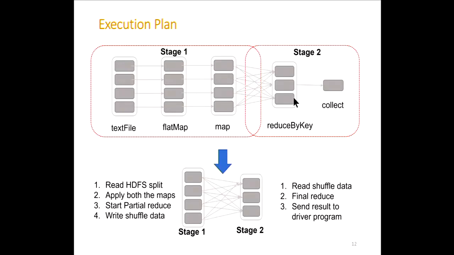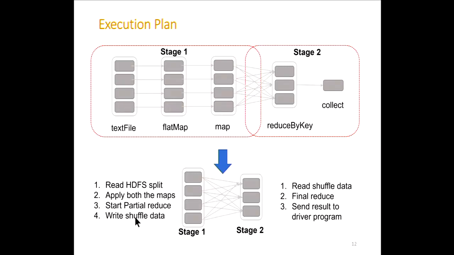Hence the need for a new stage. Once there is this boundary, where I need to read from memory, it's going to be stage 1, doing this and writing to memory. Stage 2, reading from the memory in order to do this. So you can see here stage 1 is reading from HDFS, applying the map, applying the partial reduce, and writing the shuffle data.